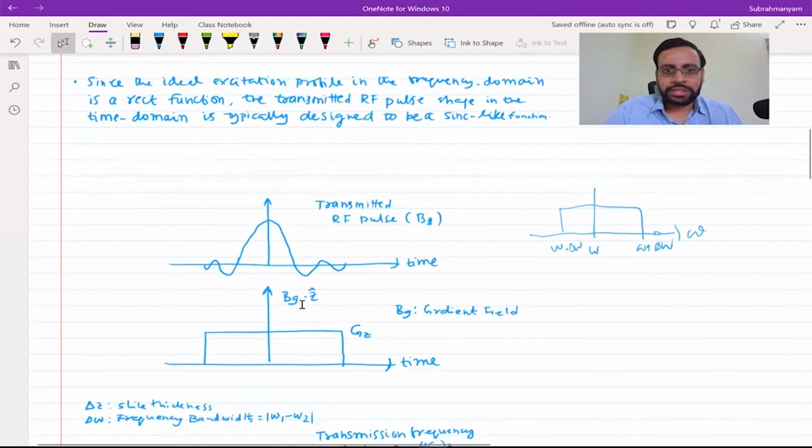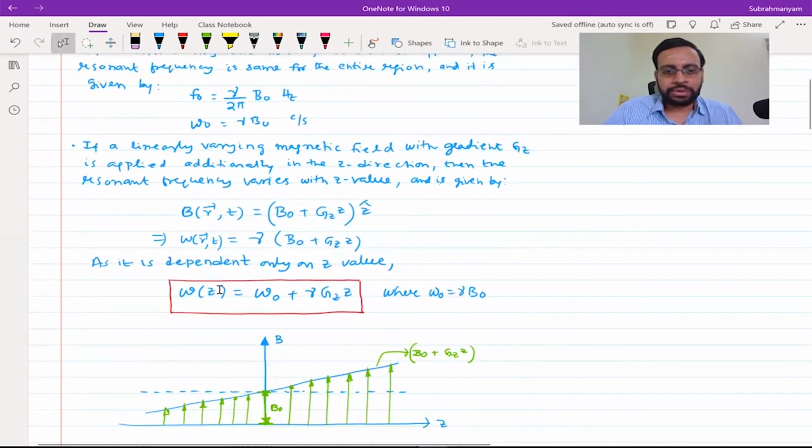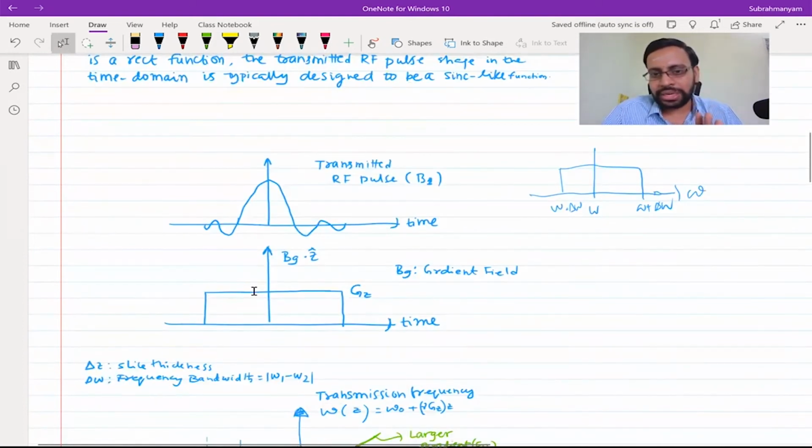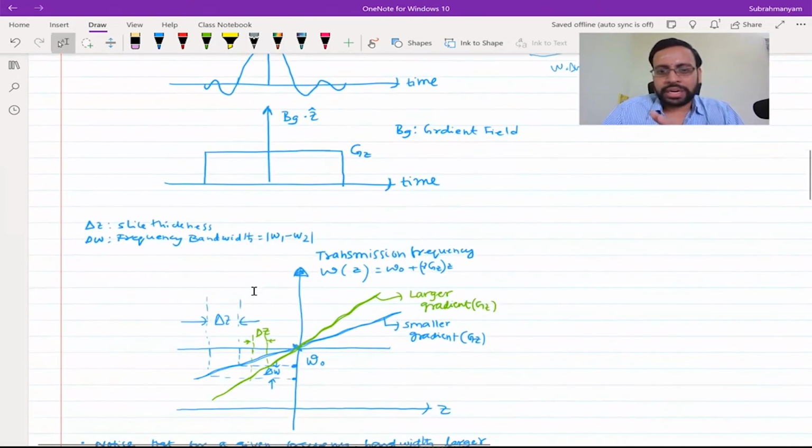By the way, the bandwidth would depend on different things, like omega naught, or the magnetic B naught value you have. For the time being, let's not go into that part right now. It's probably not required here.